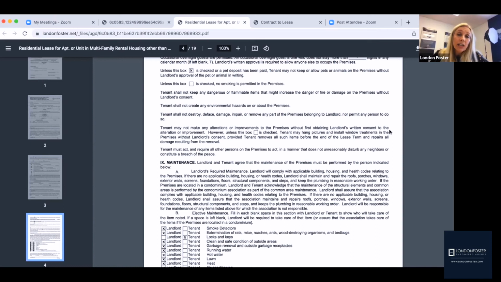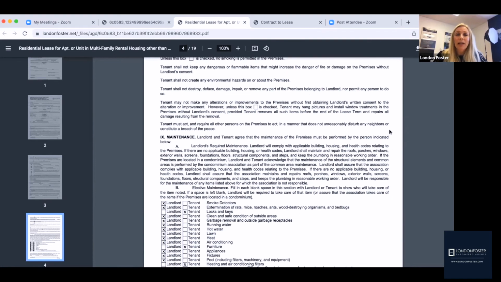If the association now has a non-smoking building, or only allows smoking on the exterior of the building, no smoking inside units, you need to know this. You can't put a chain smoker in an apartment if the building doesn't allow it. And like I said with the pets, and with the guests, you need to check the rules of the building and apply the rules of the building to each of your leases.